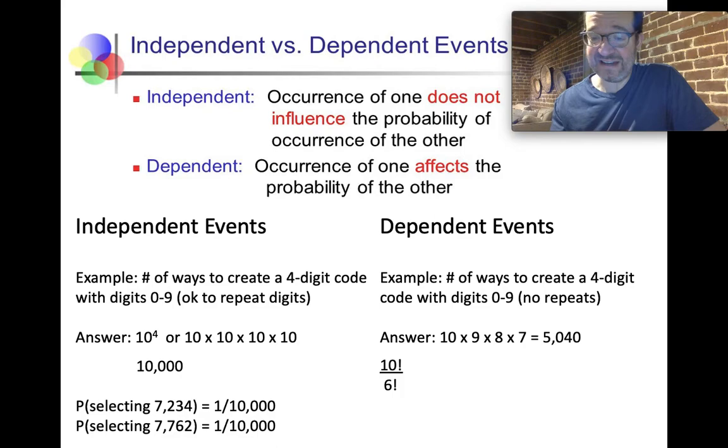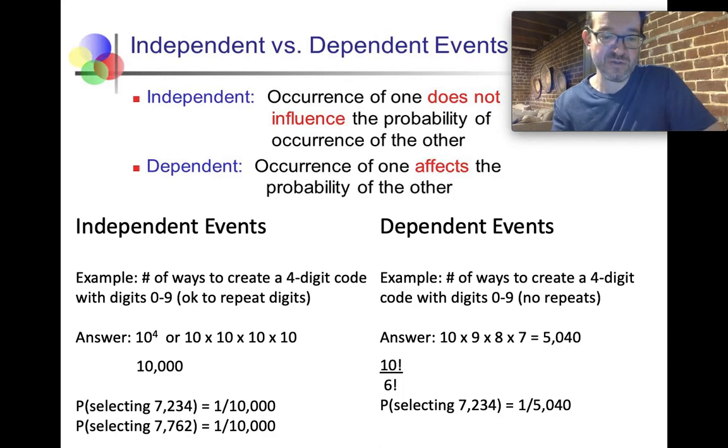Dependent events in this scenario is different because we give the rule that you can't have repeat digits. So we think of that as 10 times 9 times 8 times 7. What's the probability of selecting 7,234? It is 1 out of 5,040.